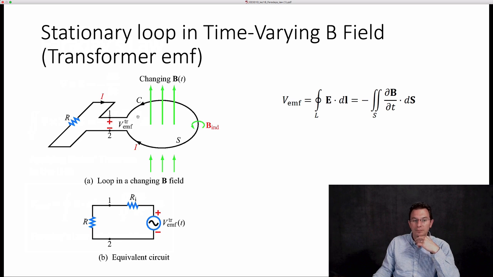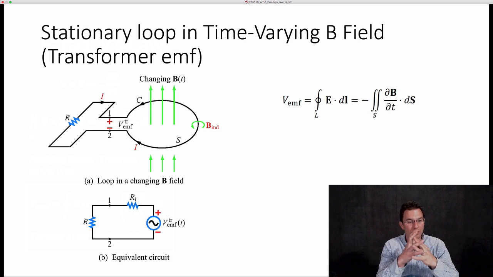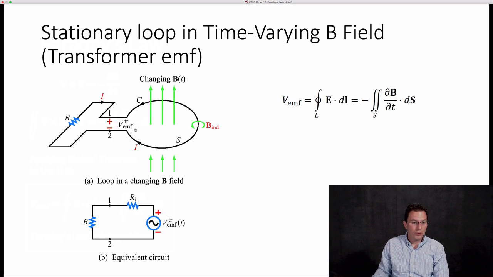Not surprisingly, if you have a voltage that develops between this point and a resistance here, you're placing a voltage across a resistor, then of course you are going to get a current that develops, and that current here is denoted by I. The B field due to this induced current, and the current that's induced by the changing impressed B field that we started with, we'll call B induced.